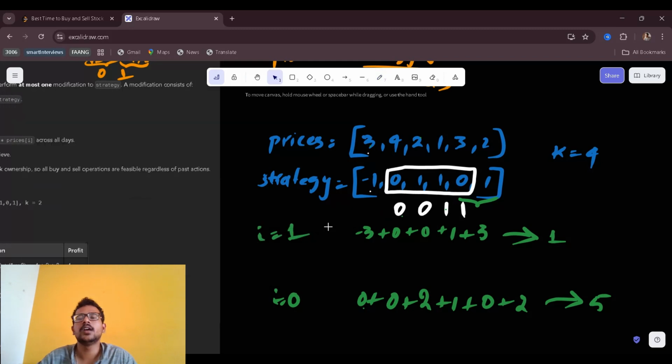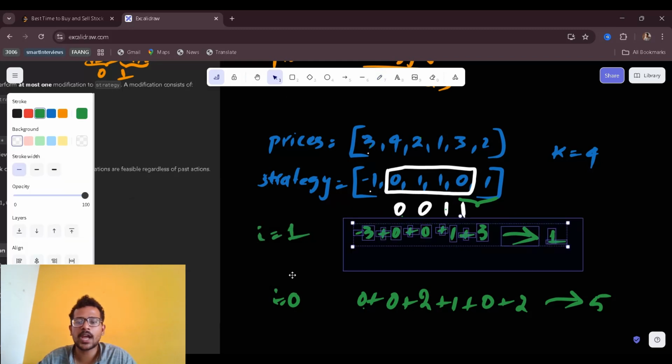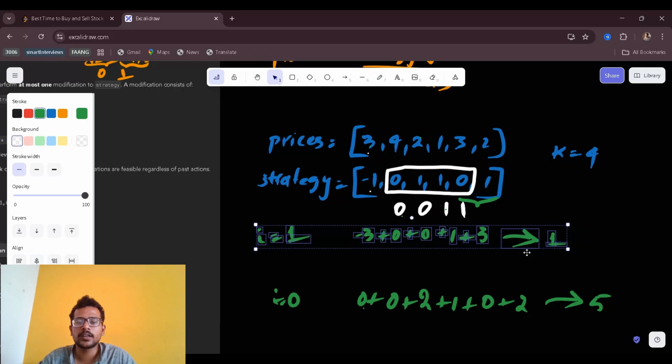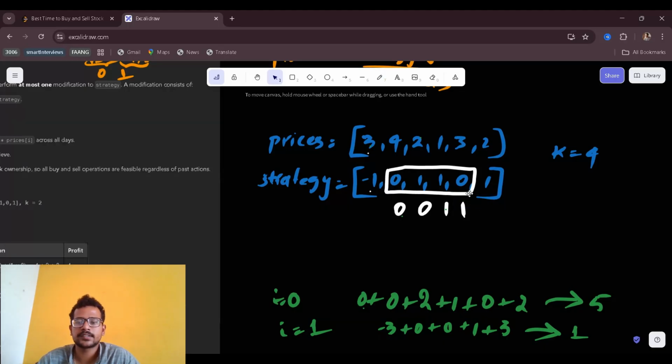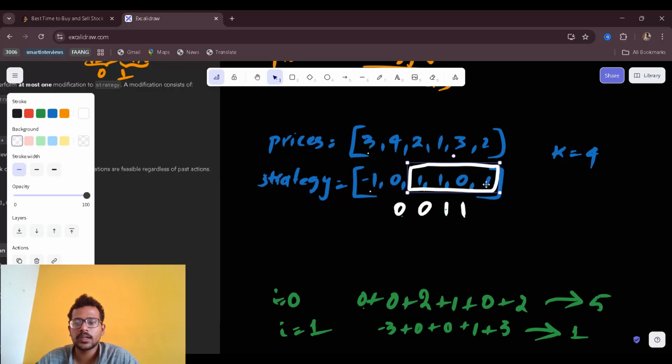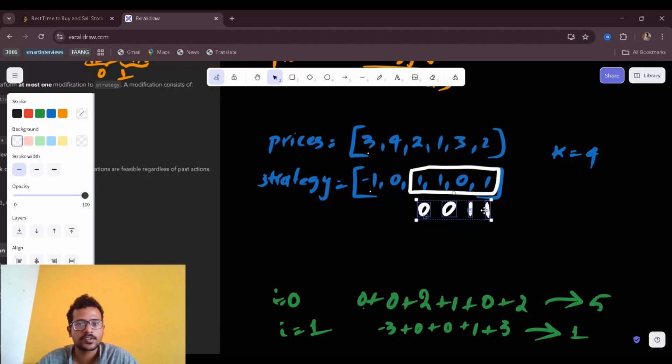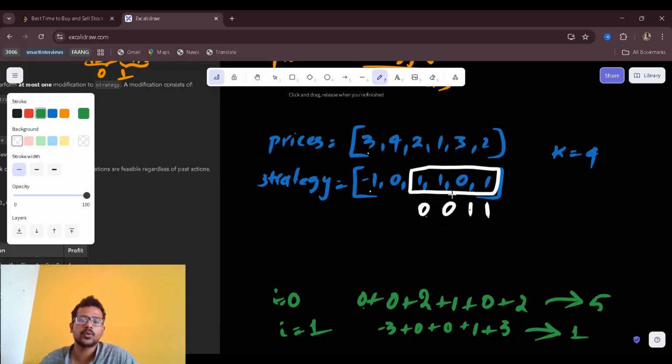That means the window is starting from i equal to 1, right? Now after that let us take the next window. Here it will be the last window, right? Now I have double zero, double one. First k by 2 elements to 0 and next k by 2 elements to 1.